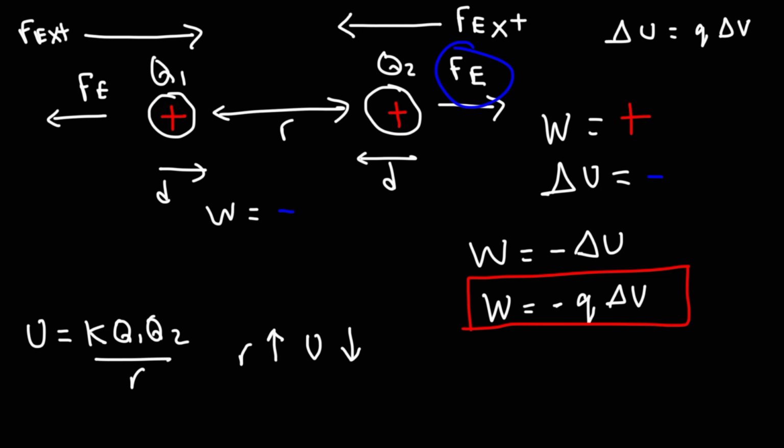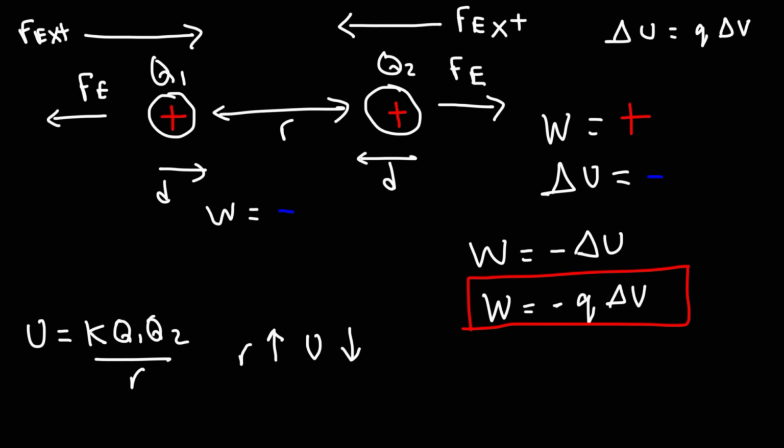The electric field wants Q2 to move to the right, but if it's moving to the left, this electric field is slowing it down. So as Q2 moves to the left, it's doing negative work, as we can see by the opposite two vectors here. The force and the displacement vector are no longer in the same direction. By the way, this is the work done by the electric force, not the external force.